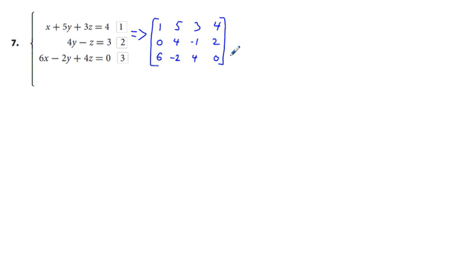So this is our initial equation. And basically, we're going to manipulate this system until we get reduced row echelon form. We're going to get 1, 0, 0, some number I'm going to call A. And our second row is going to be 0, 1, 0, B. And then our last row is going to be 0, 0, 1, C. And when we do this, our coordinate triple is going to be X is A, Y is B, Z is C. So we're just going to go through manipulations in order to make that happen.